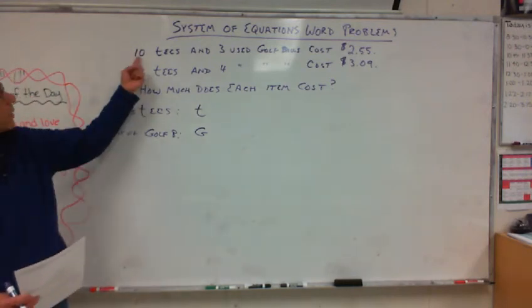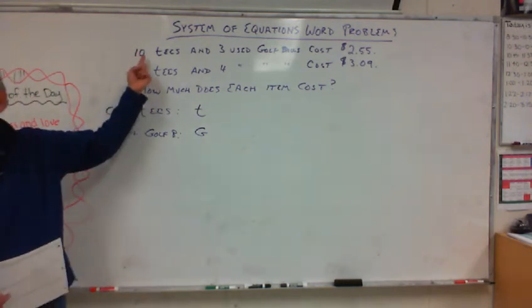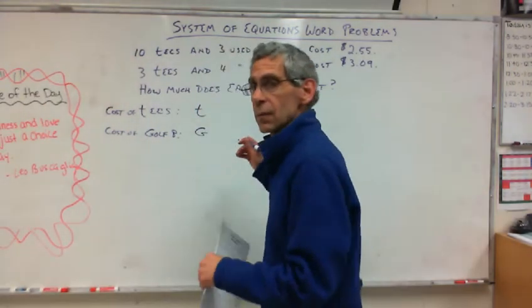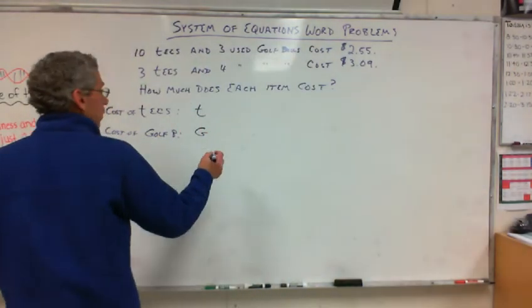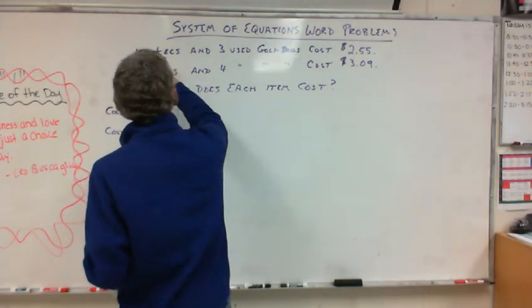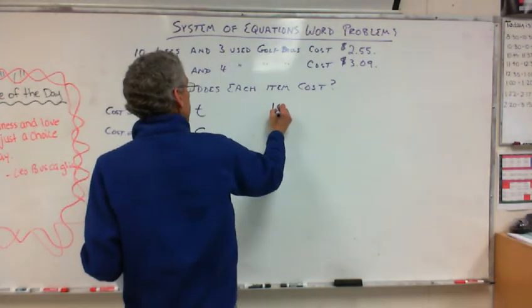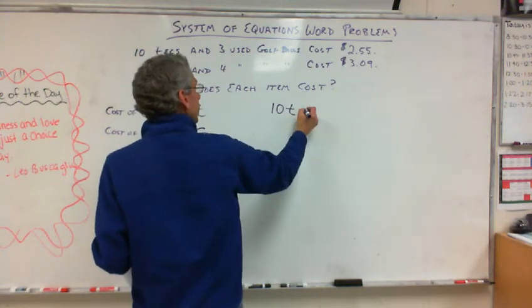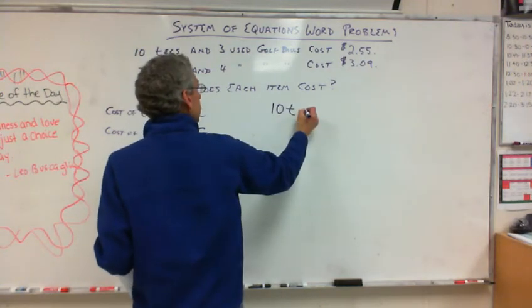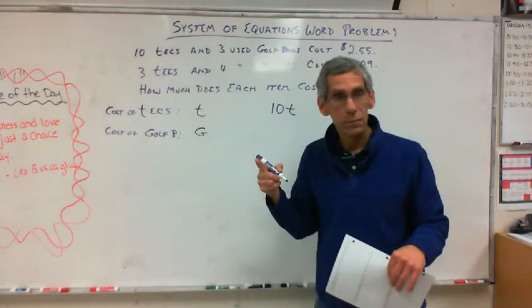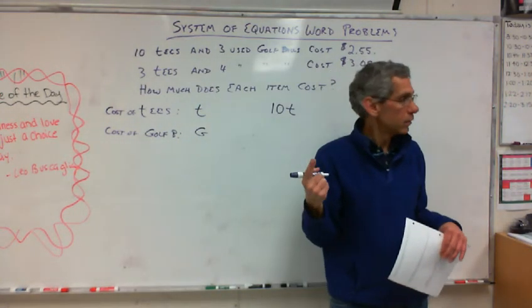Now, this says we have 10 tees. This whole first sentence, right? So, Victoria, you should be writing this down now, okay? I'm going to write this whole sentence right here. 10 T. And means plus, right?